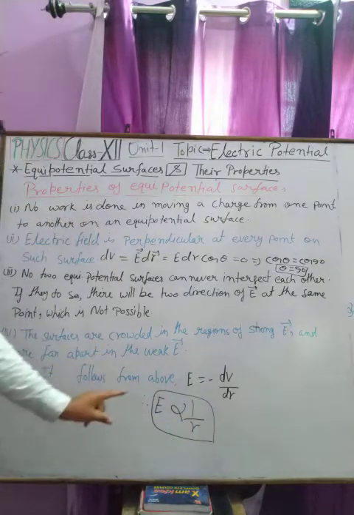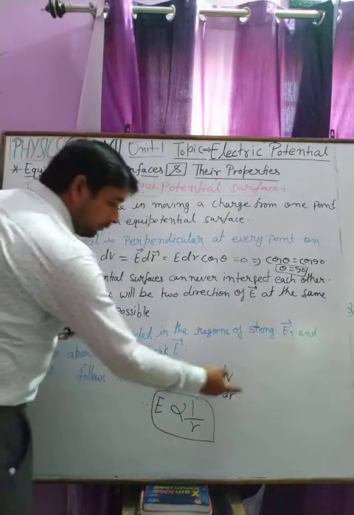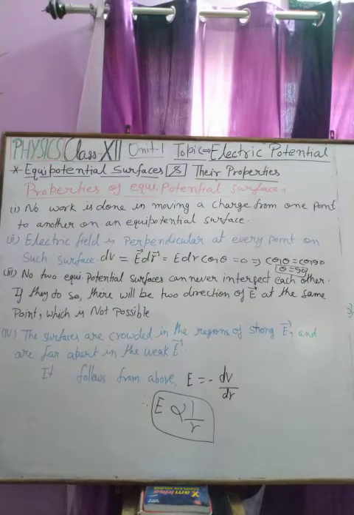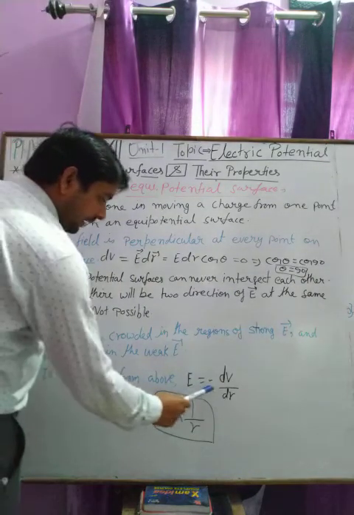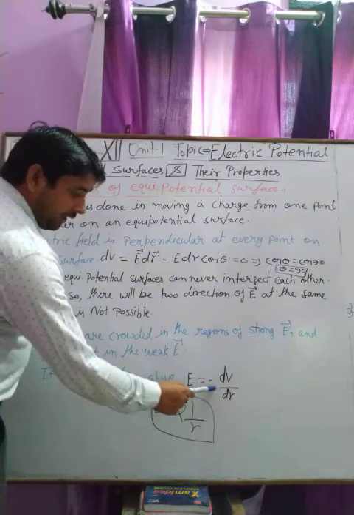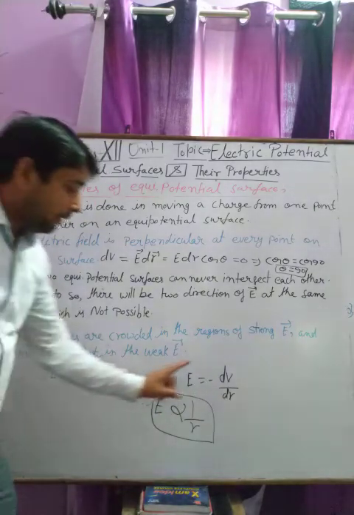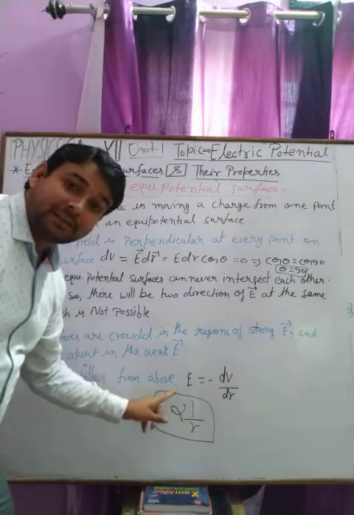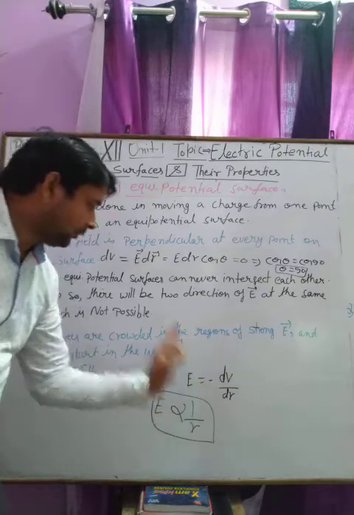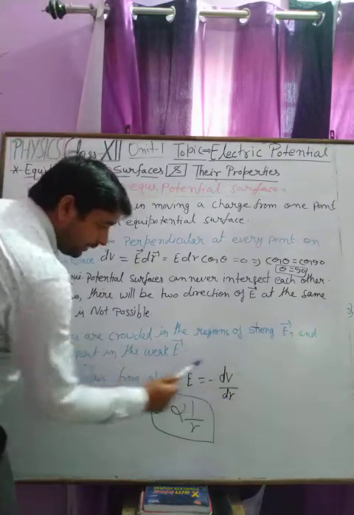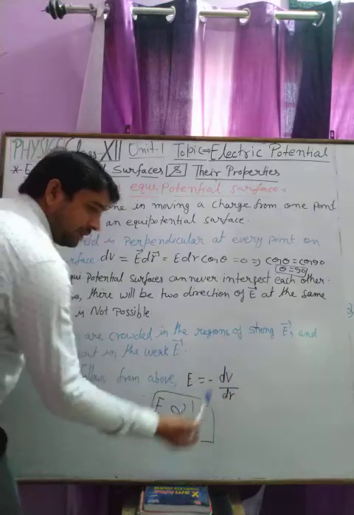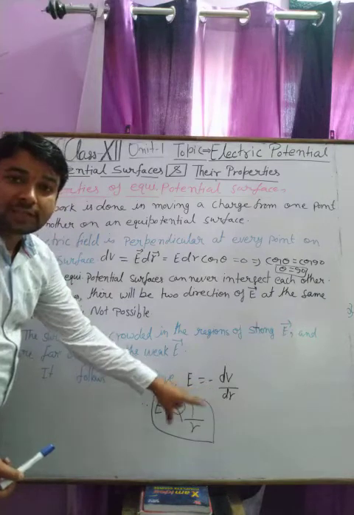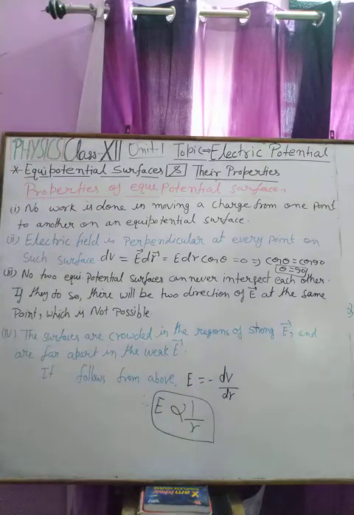Distance will increase, electric field decreases. Now with this sign we understood. The electric field is the negative of the potential gradient, that is if potential increases, the electric field decreases along the electric field lines of force. And if the potential decreases, the value of electric field will increase because of this negative sign. Thank you. Copy these.